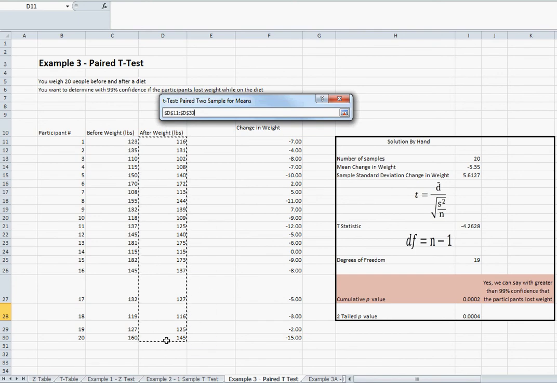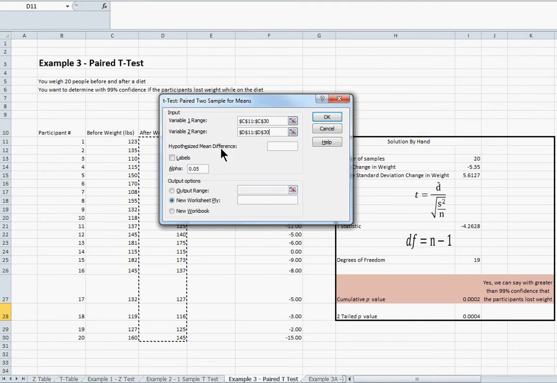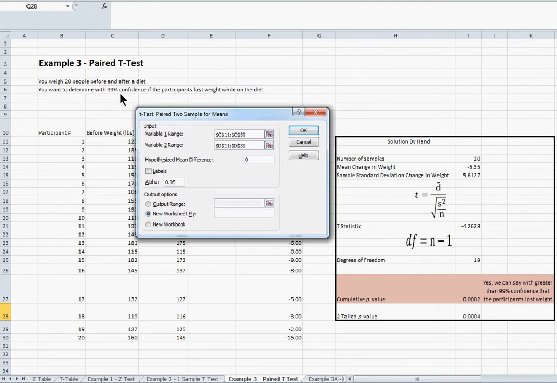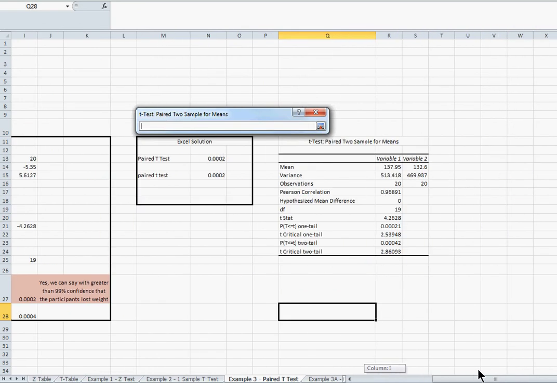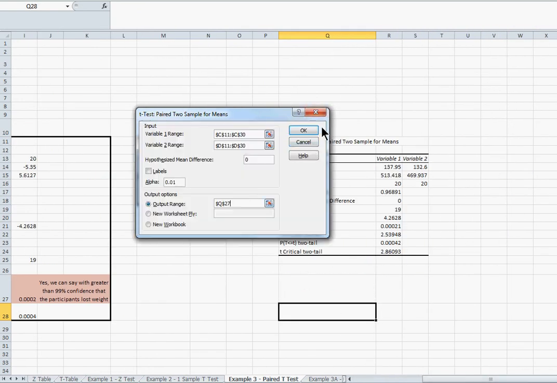I have to select my second array. Then I put in my hypothesized mean difference. Here I'm going to put 0 because I'm just saying I want to see if they lost weight. If I wanted to say did they lose more than 5 pounds, I could put -5 there. My alpha, since I need 99% confidence, is going to be 0.01. That's 1 minus 0.99.